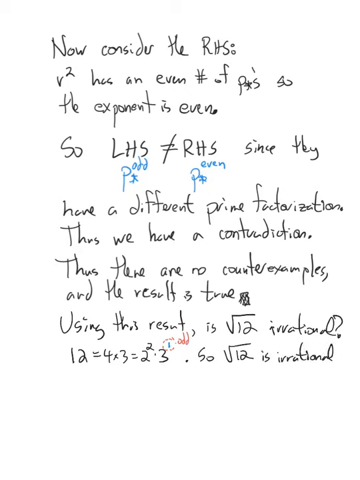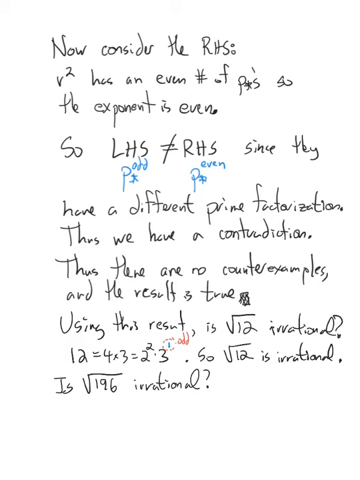What about, let's do 196. Is square root 196 irrational? Well, let's check. I don't know the prime factorization of 196 off the top of my head, so let's see what this looks like.